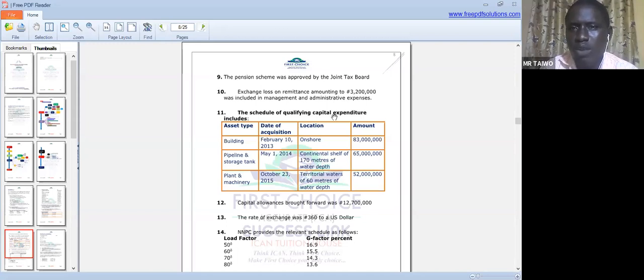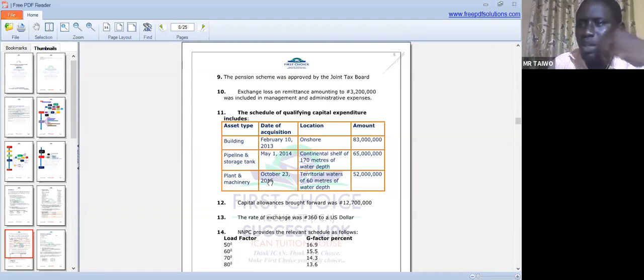The schedule of qualifying capital expenditure. Look at the capital. This is where I have to get you to pay attention. Look at this. Look at the asset types: building, pipeline and storage tank, and plant and machinery. What are the dates of acquisition? February 10, 2013, 2014, 2015.